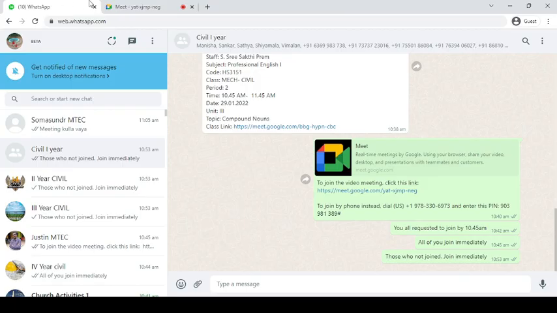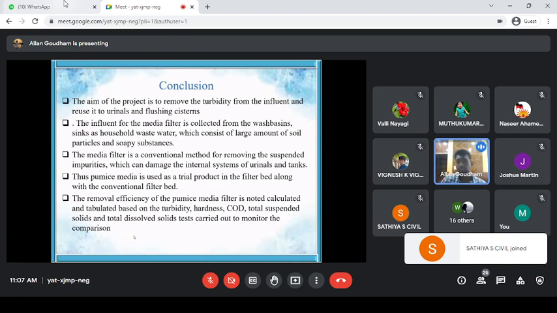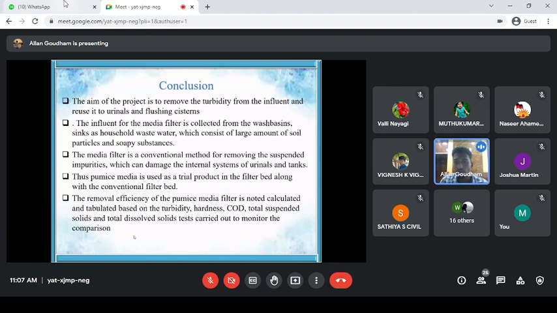But we can recycle this water using this particular pumice filter, so that the turbidity and other dissolved solids in the wastewater get filtered, and this can be used in the household, like bathroom flush and urinals. We can use it for this, so that the fresh water can be conserved.